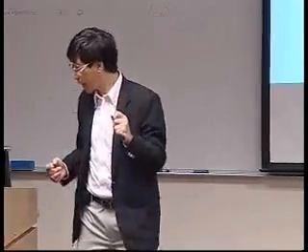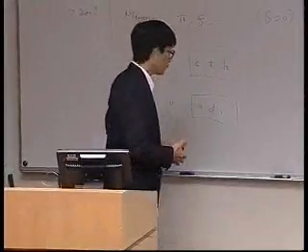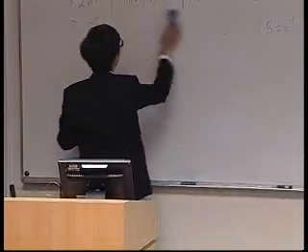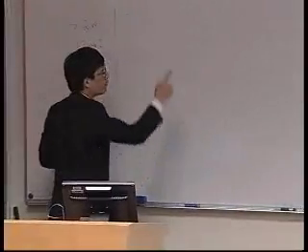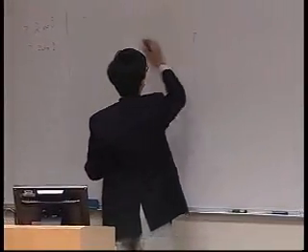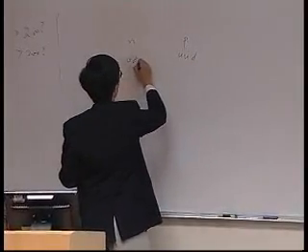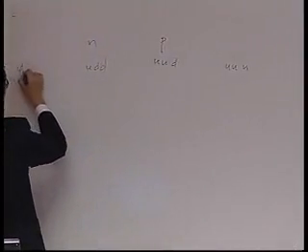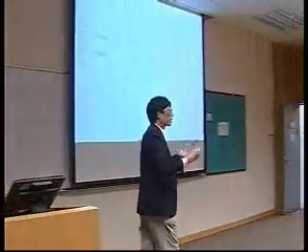Now, let me go back and pose something that may seem like a mystery to you. If proton and neutron are like this, shouldn't there be another state with UUU and another state with DDD? Also at the same energy, because if I can switch it, right?